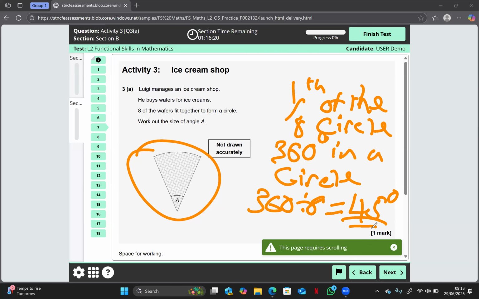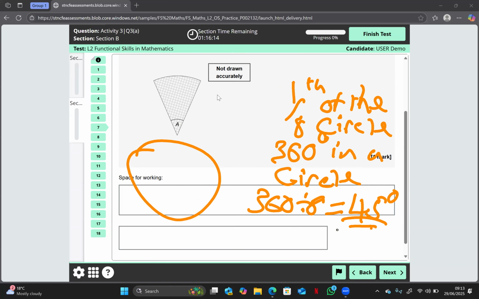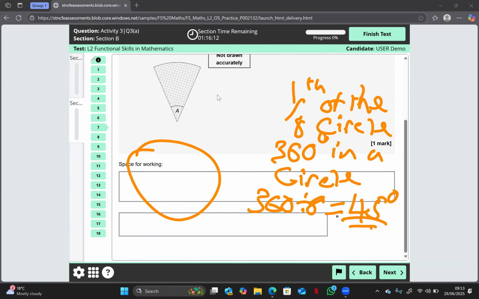So the answer for this would be 45 degrees, guys. So angle A is 45 degrees.